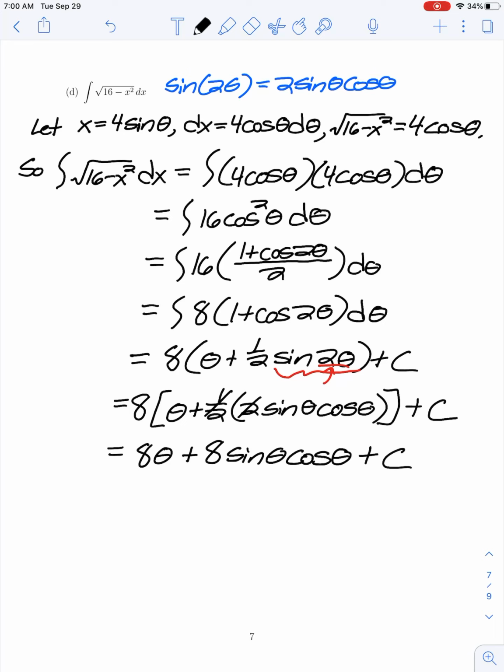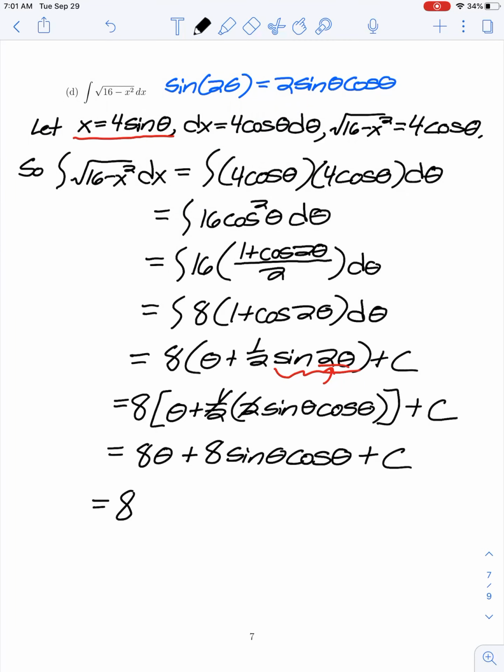And now I can move back to an answer in terms of x. So let's see what we have. I have my constant 8 times theta. Now looking back at our substitution, x was equal to 4 sine theta. So sine of theta is x over 4.